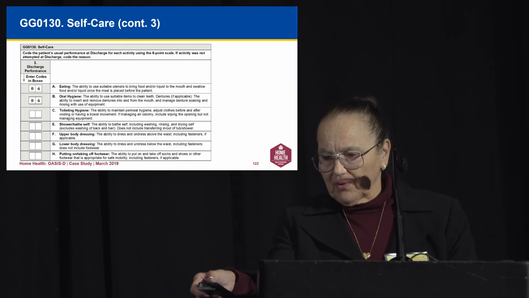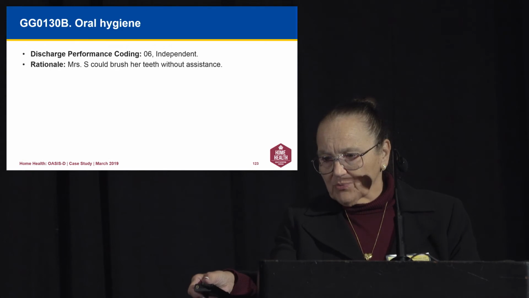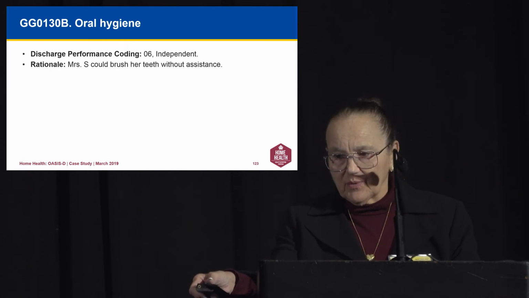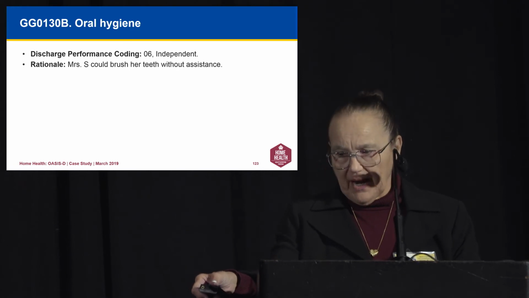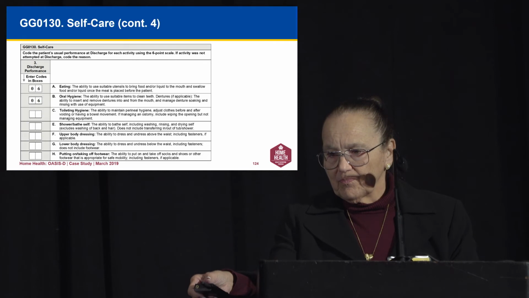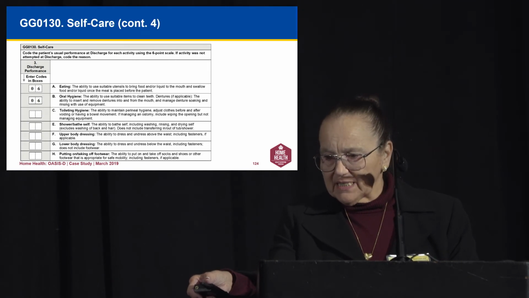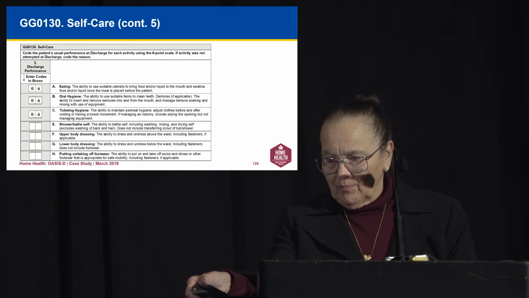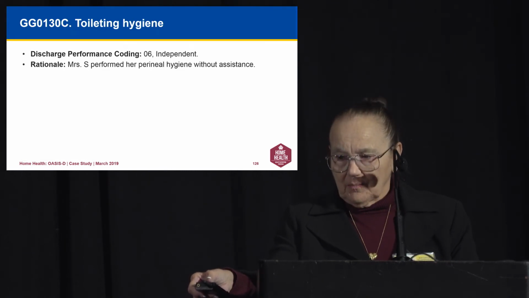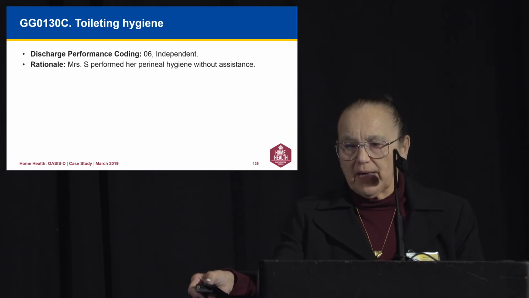Moving on to oral hygiene, this was also a discharge performance coding of 06 independent. Mrs. S could now brush her teeth without assistance. Moving to item C, toileting hygiene. Again, on discharge, we code 06 independent.